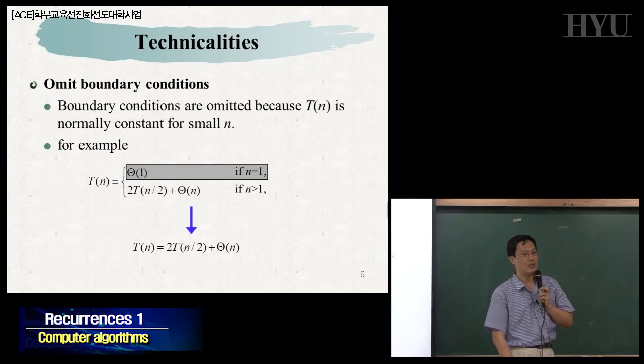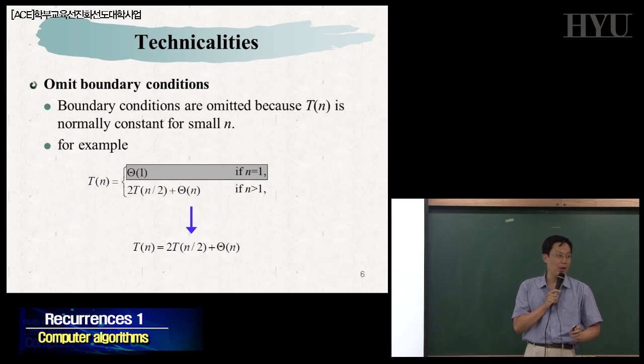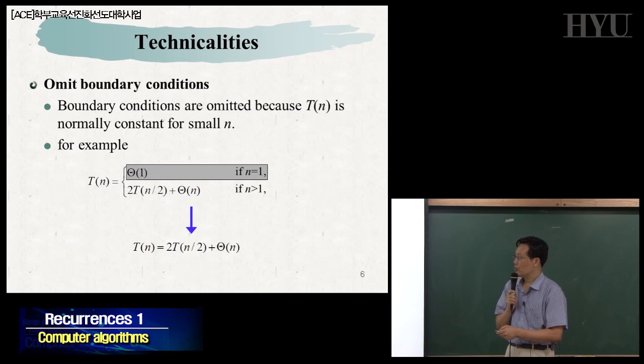And the other thing is omitting boundary conditions. So in this recurrence, there are two parts. This is the main part, and this is the boundary condition part. To clarify that, its running time is constant when n is 1.